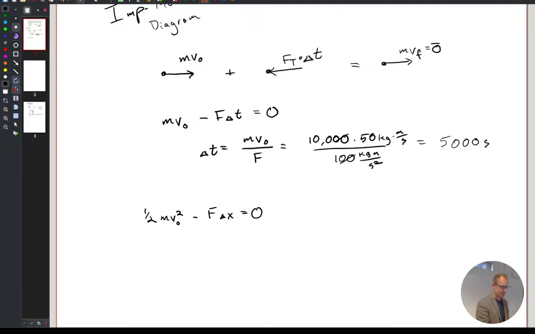We're not really asked for this in the problem, but if I want to know, delta x equals 1/2 times 10,000 times 50 meters per second squared all over 100 newtons. We went 5,000 times 2,500. Went pretty far. Divide by 100.